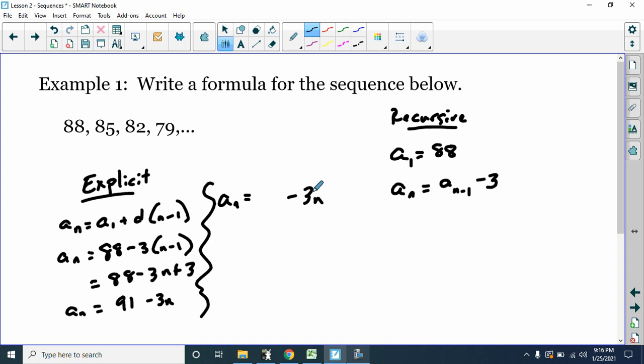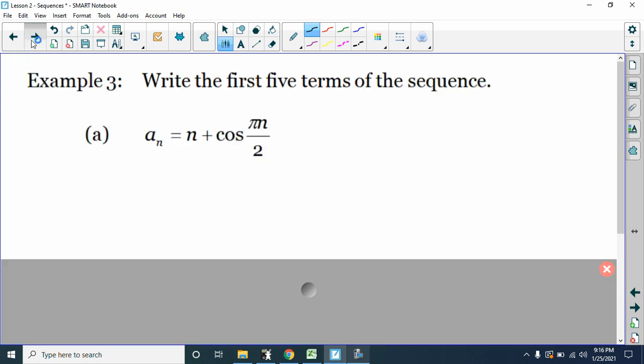And when I plug in 1, I want to get 88, which means I need to start with 91 and subtract the 3n. And then you can verify it by plugging in 1 to get 88, 2 to get 91 minus 6, 85, and so on.